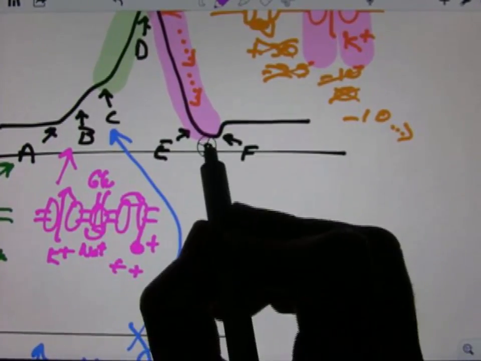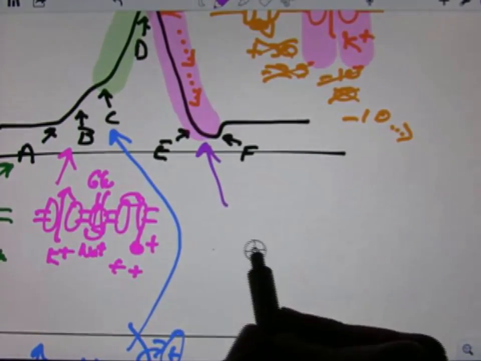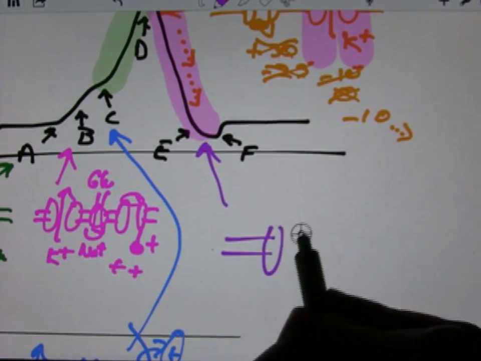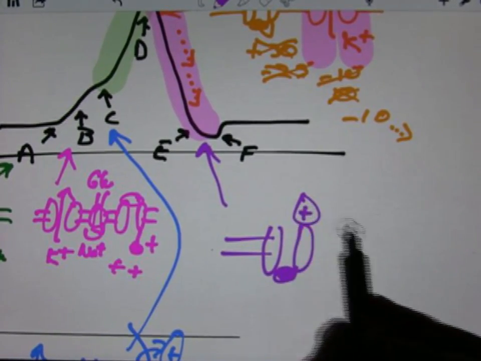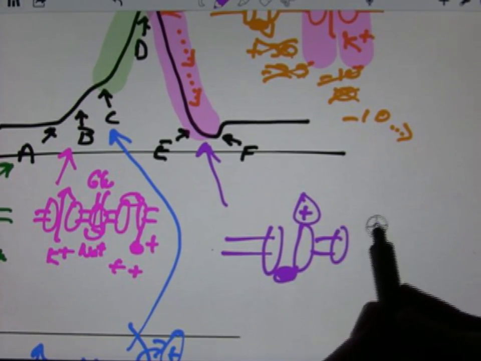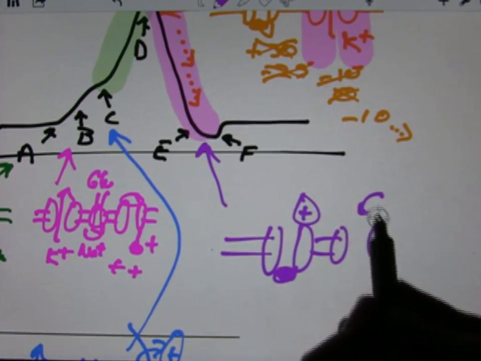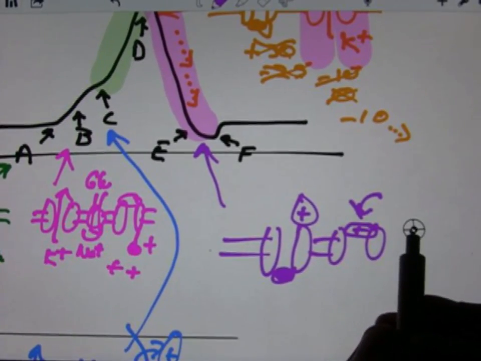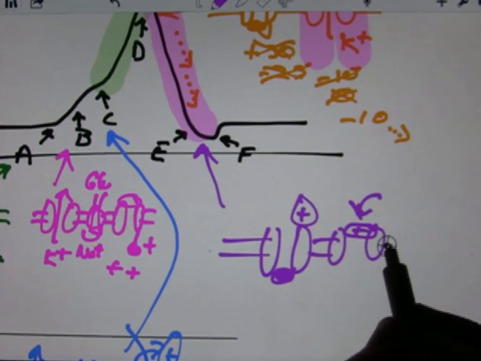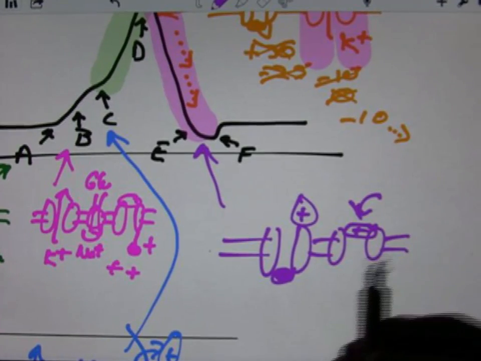What's going on at E? At E, all our voltage-gated sodium channels are closed. Potassium leak channels are open, voltage-gated potassium channels have closed. And we're at minus 80.